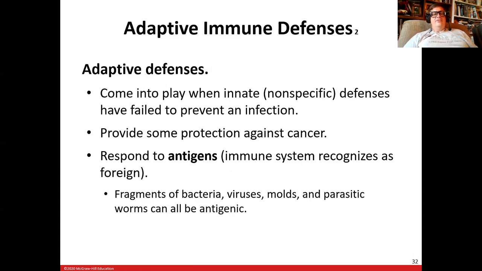So adaptive defenses, it says, come into play when non-specific defenses have failed to prevent an infection. In other words, that bad thing got a foothold in the body and it's still spreading. Or we have the need for protection against cancer. You can make antibodies that'll fight some forms of cancer. In fact, modern immunotherapies, a lot of times they're making what they call monoclonal antibodies.